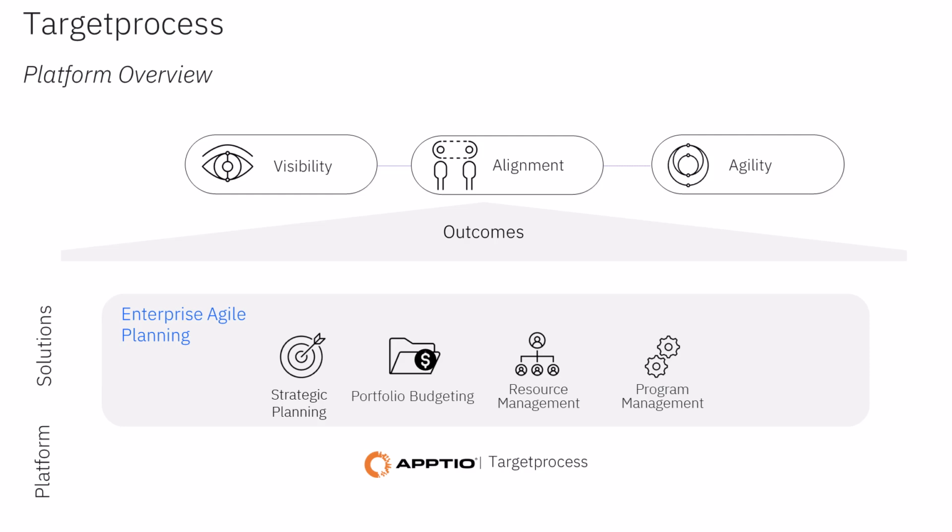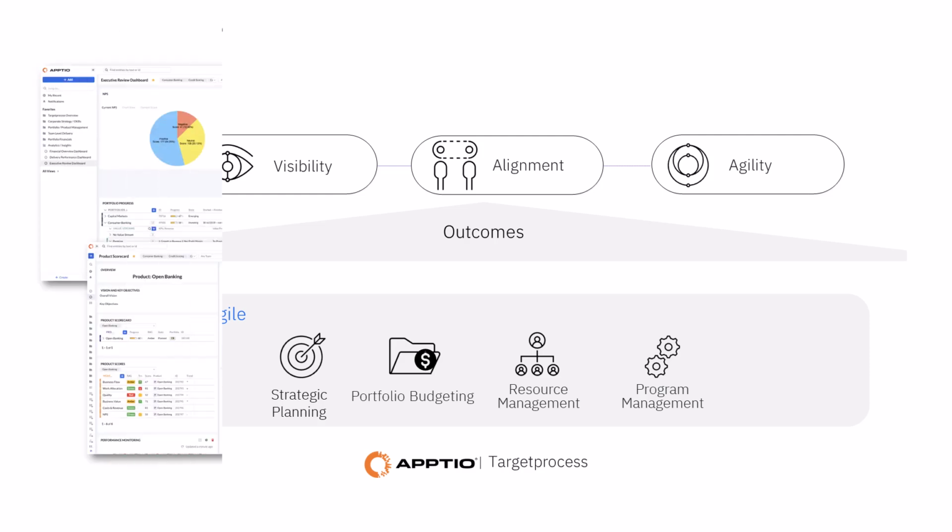Target Process's support for Enterprise Agile Planning processes is focused on 4 key solution areas, which are shown in the middle. These are strategic planning, portfolio budgeting, resource management, and program management. Each of these solution areas increases visibility, alignment, and agility across an organization, facilitating the long-term success of enterprise agile transformations.